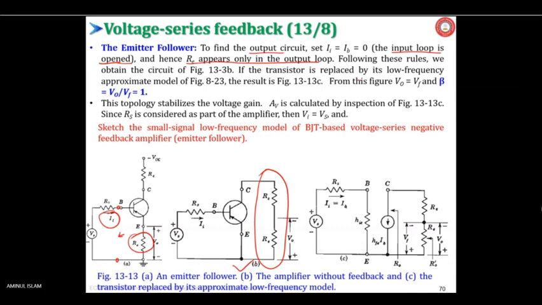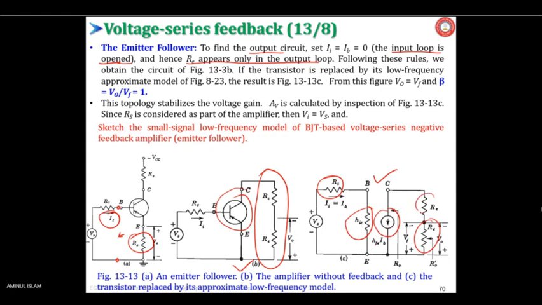If the transistor is now replaced with its small signal model, then we get this figure. The small signal hybrid pi model we have discussed earlier: this is HFE IB, this is input resistance HIE, and this is of course the source resistance. And this was your load resistance RE connected between the emitter terminal and the ground.